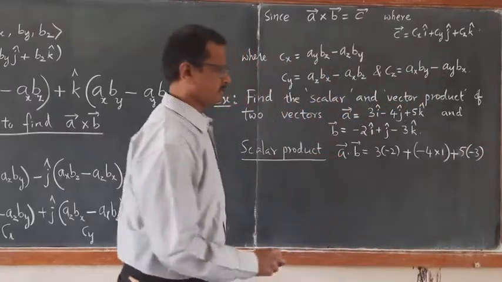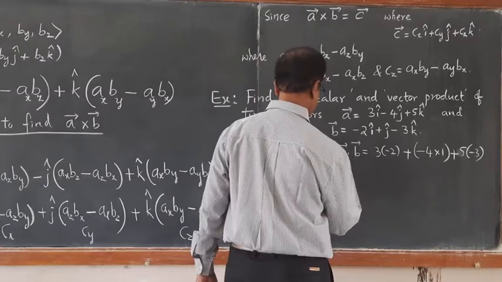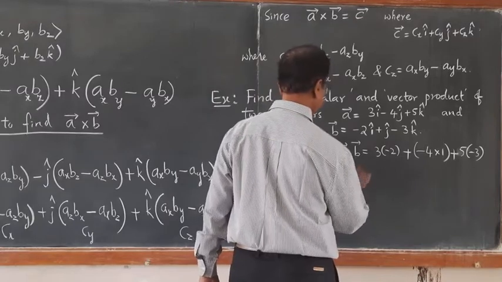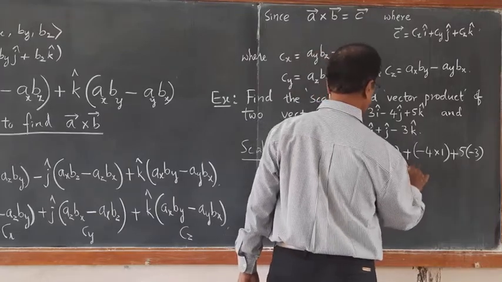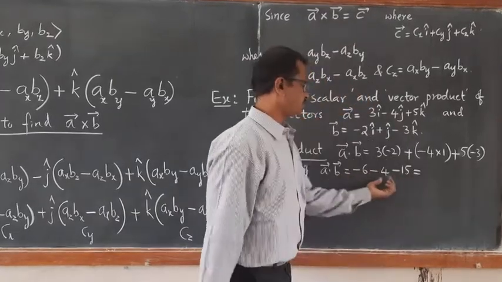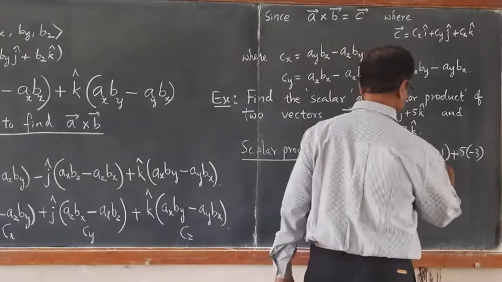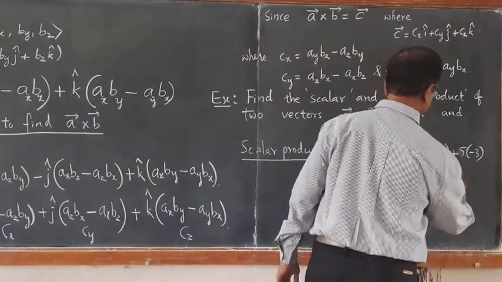So now simplify. A dot B equal to minus 6 minus 4 minus 15, which is minus 10 plus 15... so it becomes minus 25.